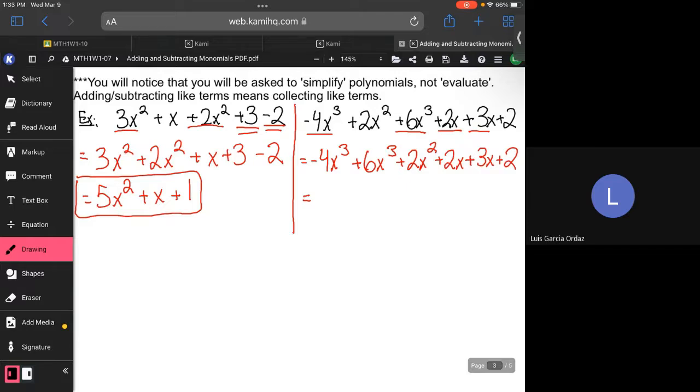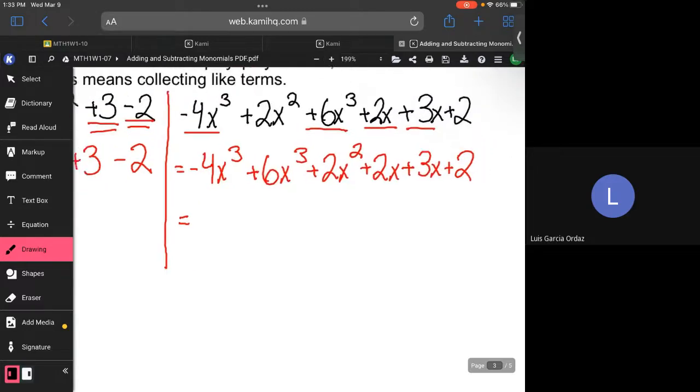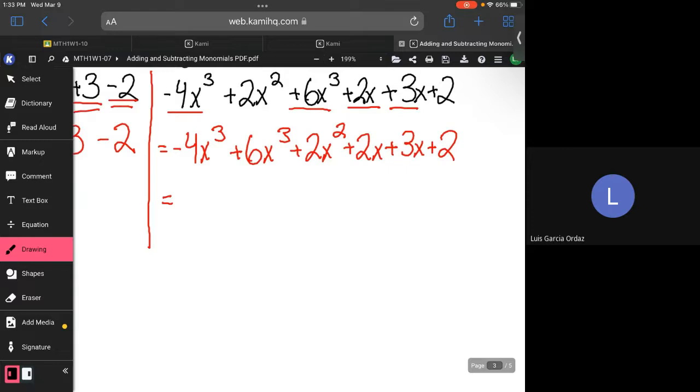Negative 4x cubed plus 6x cubed. What is it? It's positive 2, so it's going to be 2x cubed, okay?